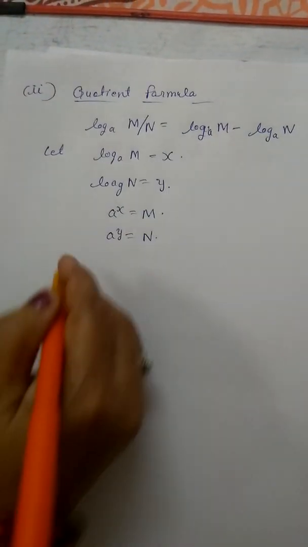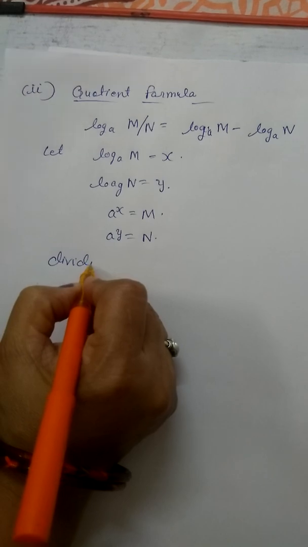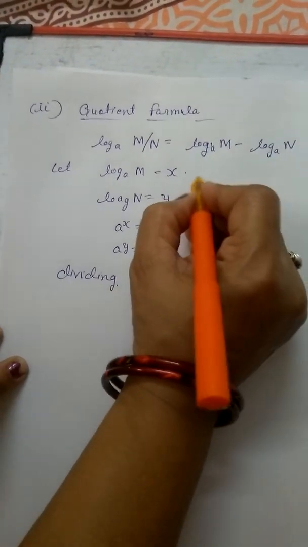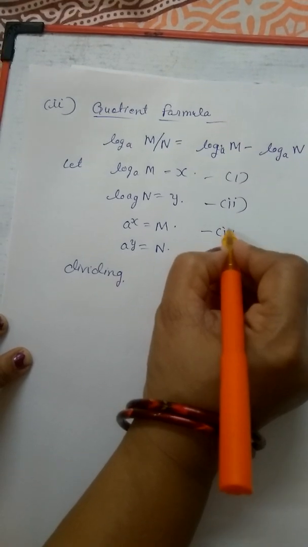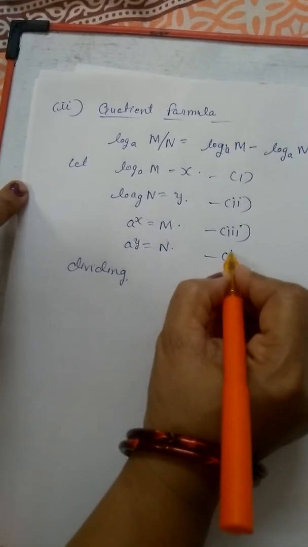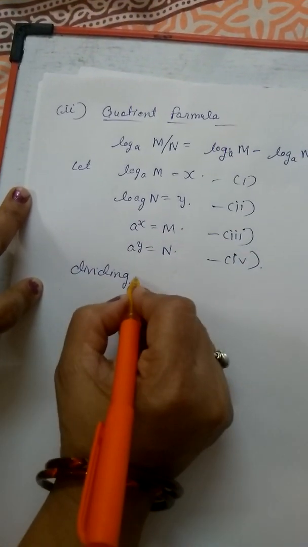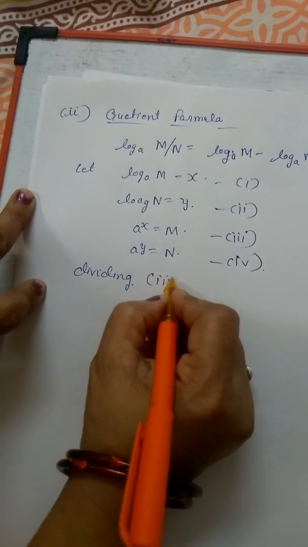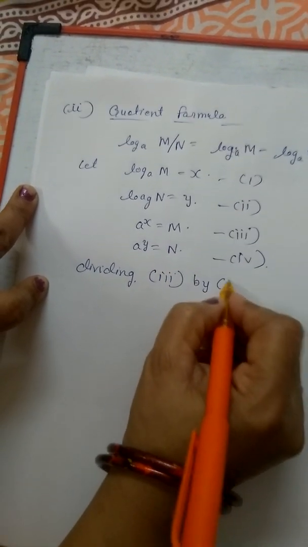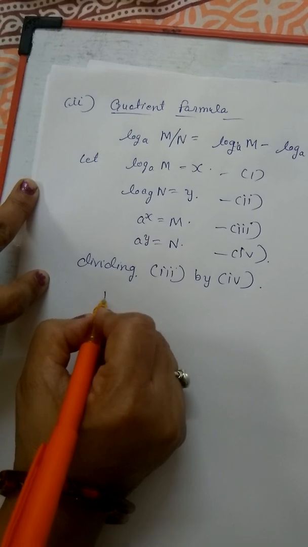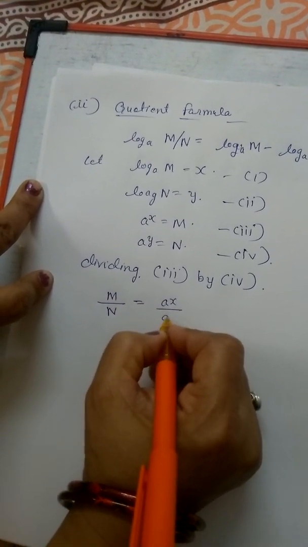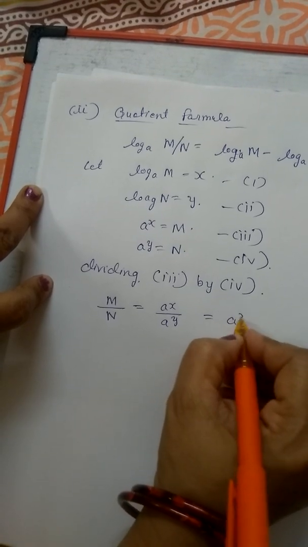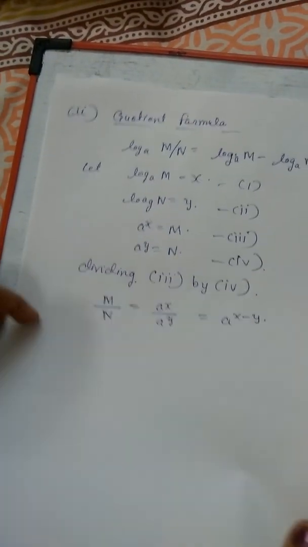Now dividing both equations: this equation is 1, this is 2, this is 3, this is 4. Dividing third by fourth, you will get m divided by n equals a^x divided by a^y, or a^(x-y).